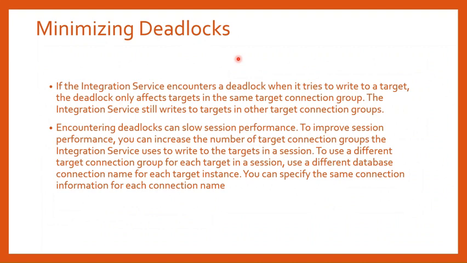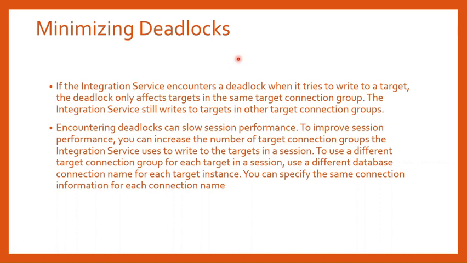If the Integration Service encounters a deadlock when it tries to write to the database, in that time it writes data to the target. The deadlock only affects targets in the same target connection group. The Integration Service still writes to targets in other target connection groups. So deadlock happens where there are multiple groups.